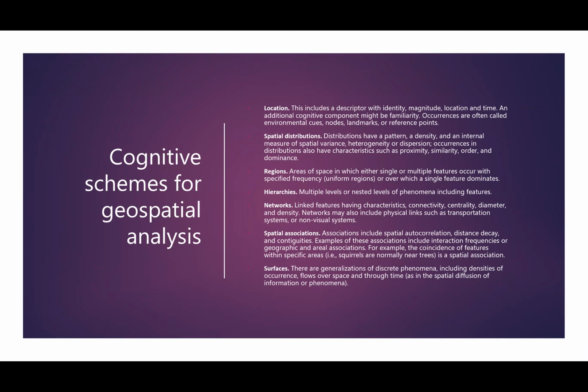Location. This includes a descriptor with identity, magnitude, location, and time. An additional cognitive component might be familiarity, how familiar you are with a particular place. These occurrences are often called environmental cues, nodes, landmarks, or reference points. So again, a lot of it is what you remember in terms of location.